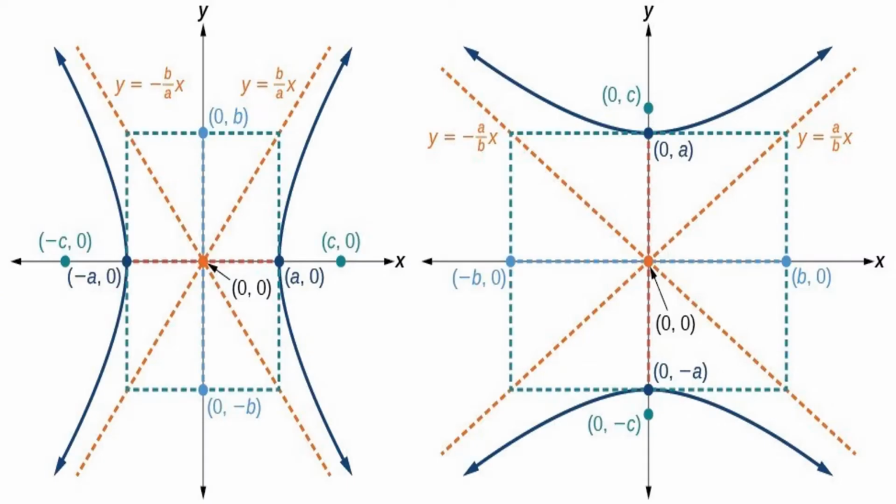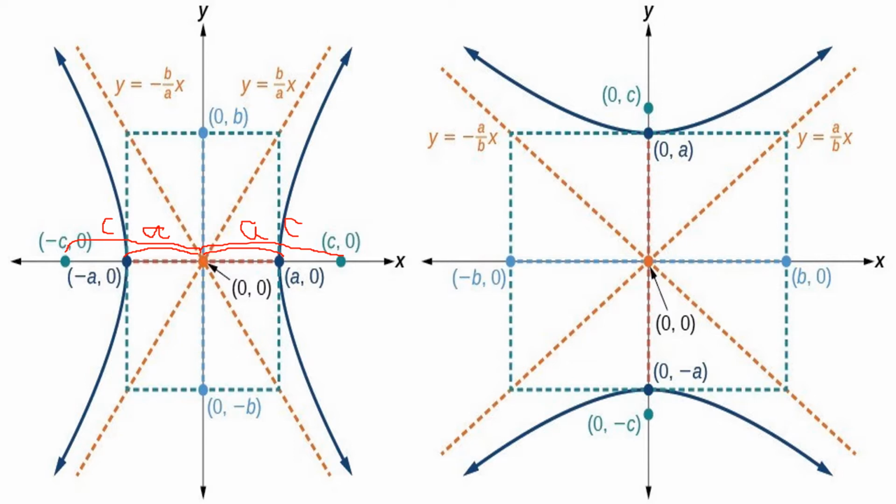Okay, so let's have here an illustration showing the parts of our hyperbola. The distance from the center going to one vertex is a units. And then from the center going to the other vertex is a units. So a plus a is 2a. And then c units is the distance from the center going to one of the foci, and from the center to the other focus is also c units.